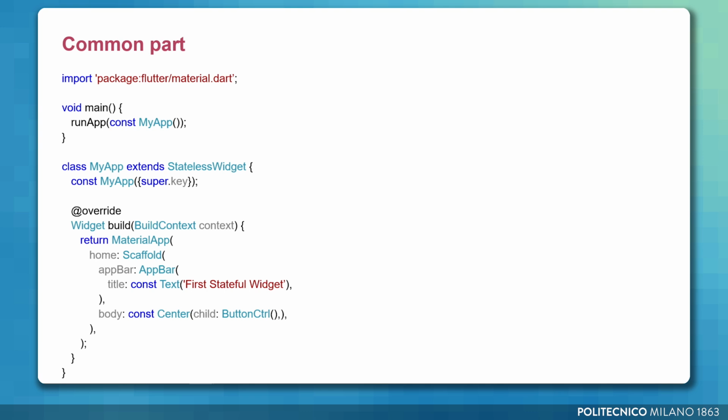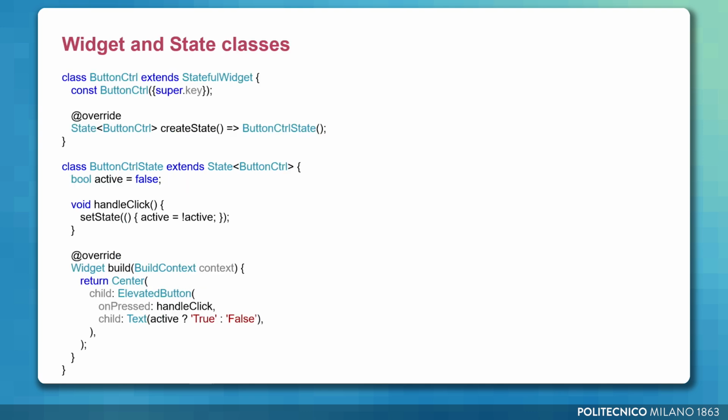In other words, we don't need the whole screen to be state-aware. State should always be kept as localized as possible. At this stage, there's nothing fundamentally new, but this marks the introduction of our first stateful widget. So let's go ahead and define it.